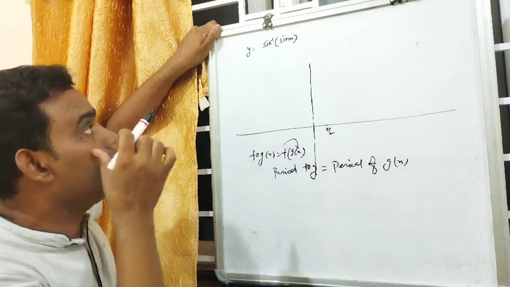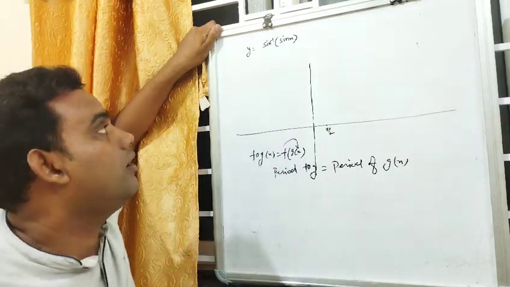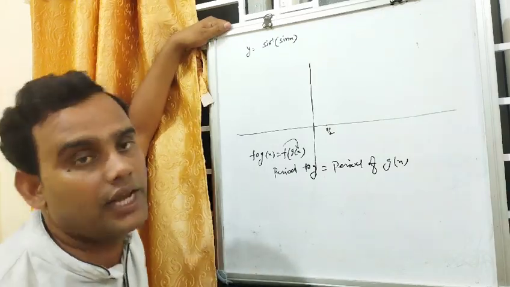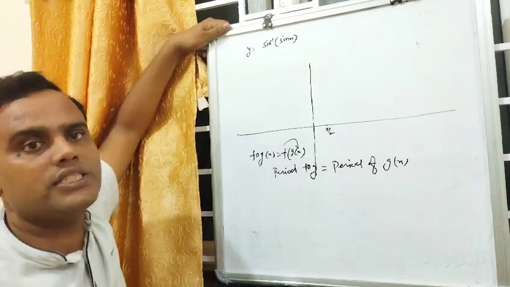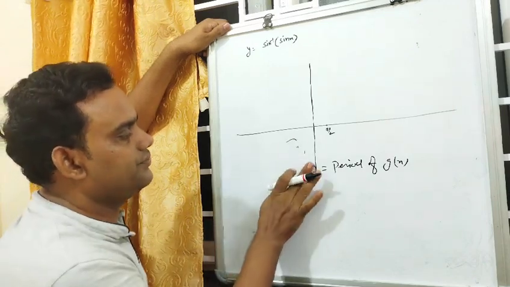Similarly, if anyone asks the period of sine inverse of sine x, it will be the period of sine x. So already we know the sine x period is 2 pi. So here also we can take 2 pi.